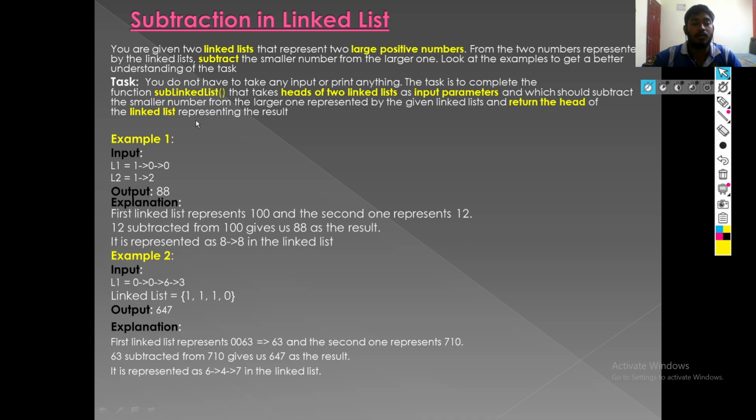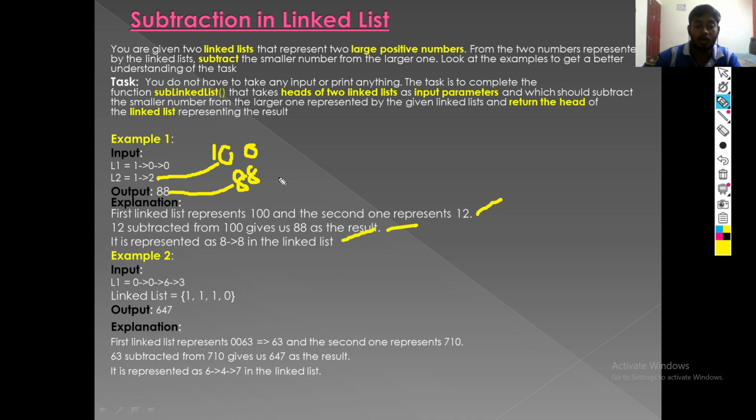Now let's see an example. We have L1 equal to 100 and L2 equal to 12, which means 100 and 12. Subtracting 12, the resultant will be 88. This is what I have explained, and it is written over here.